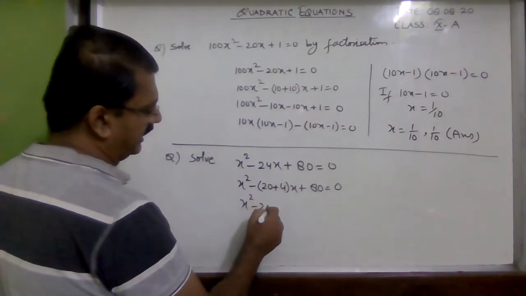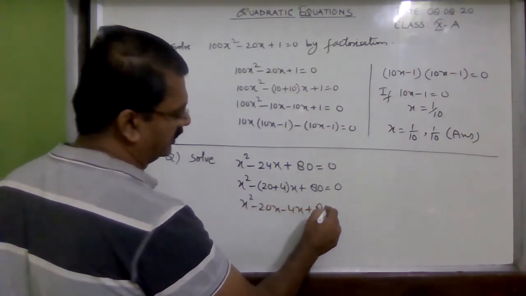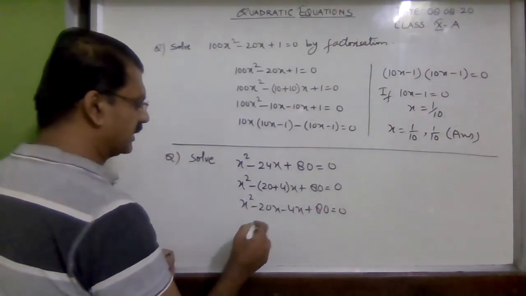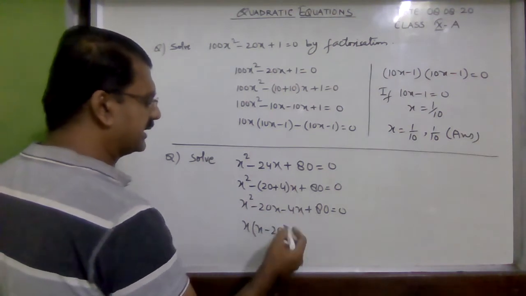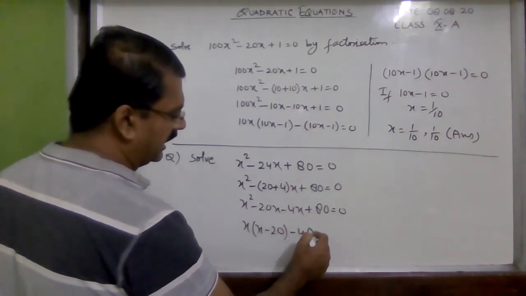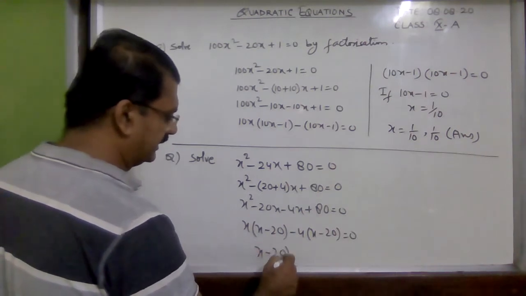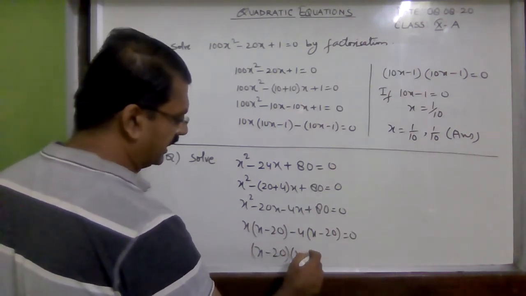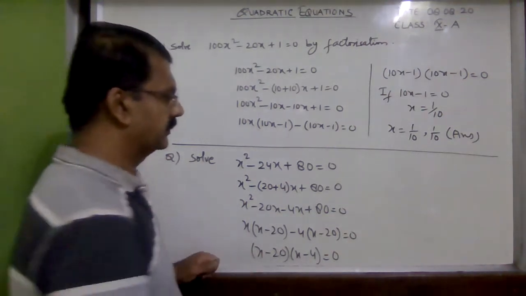So x square minus 20x minus 4x plus 80 is equal to 0. Now from first two terms you take x common, so x minus 20. Then from the next two terms you take minus 4 common, then again x minus 20. So x minus 20 in one bracket and x minus 4 in the other bracket. Okay.